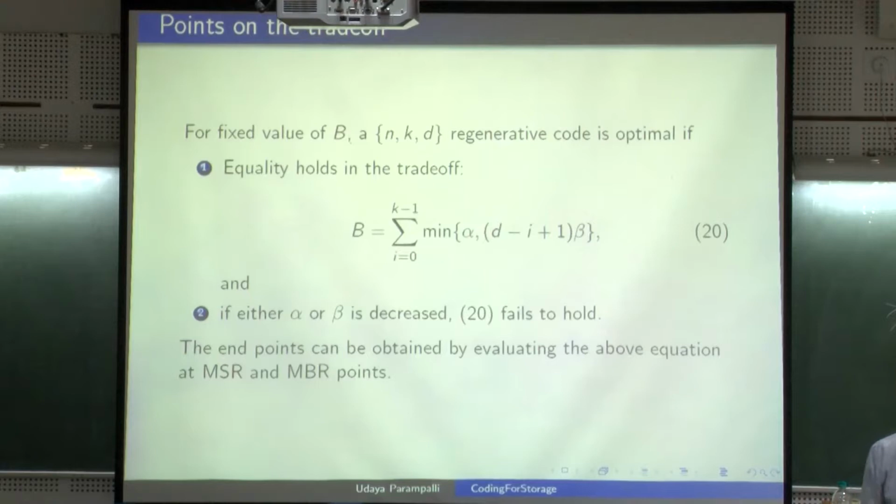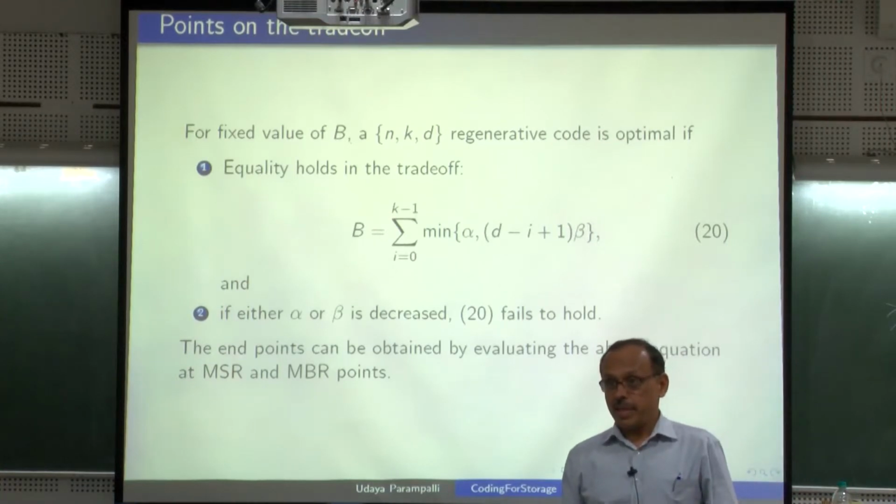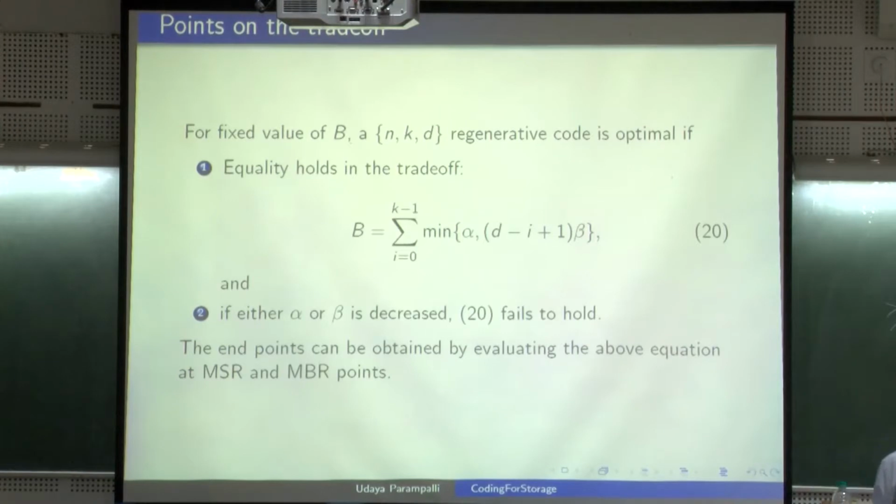The problem is that I can't minimize on both alpha and beta, which is the bandwidth d beta, so I have to do one at a time. So when will you say that a particular regenerative code is optimal?